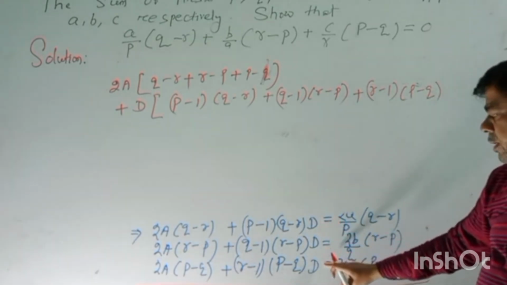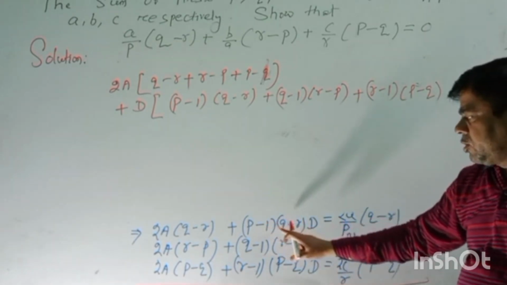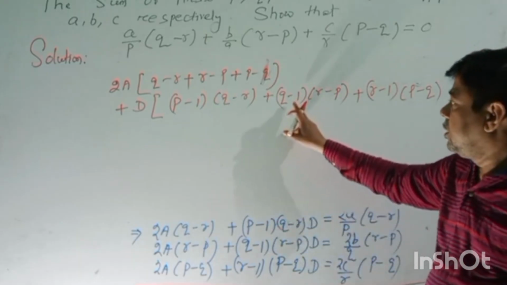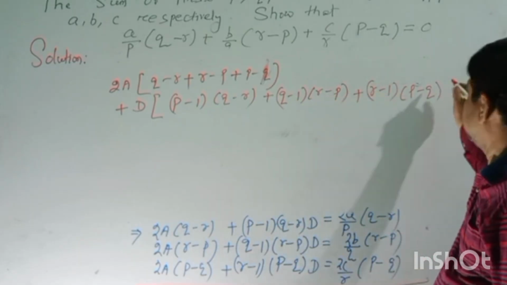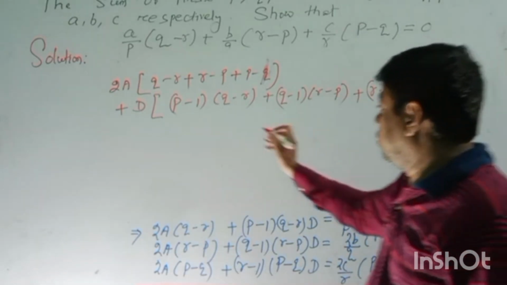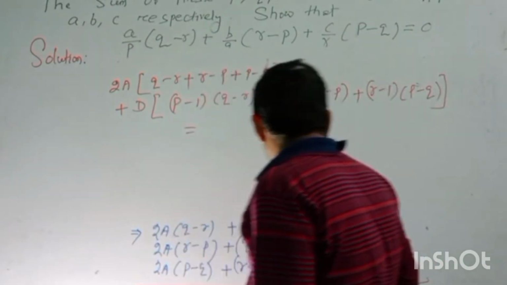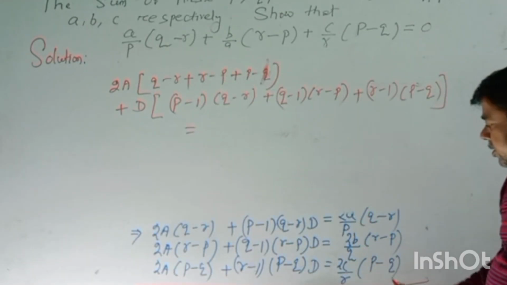Taking d as the common factor, here (p − 1)(q − r) plus (q − 1)(r − p) plus (r − 1)(p − q). Right? Then equal to, you see the RHS here, 2a by p times (q − r).